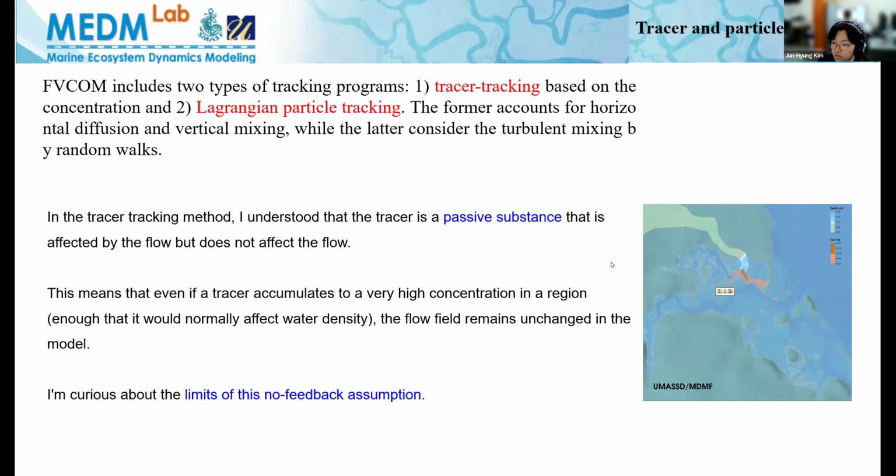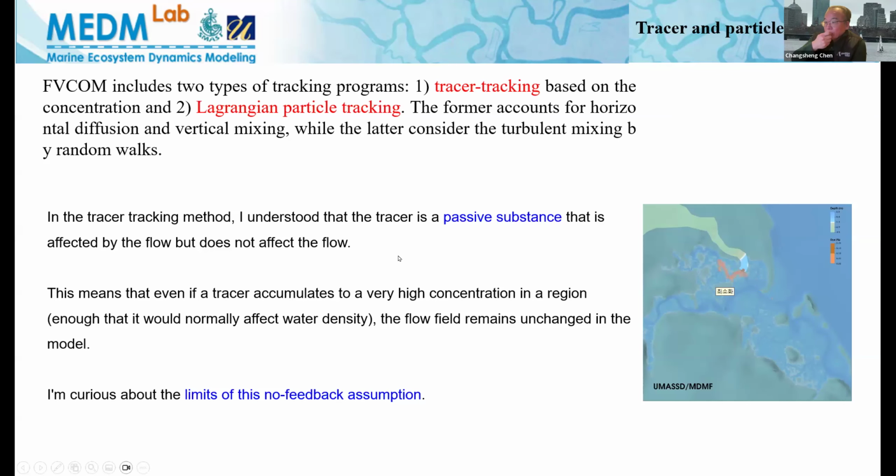So I'm curious about the limits of this no-feedback assumption. For example, for typical dye concentration levels, the density effect is negligible, and I think it's fine to ignore it. But if I use this tracer module to track something like salinity, which does affect density, I think it could be a problem.